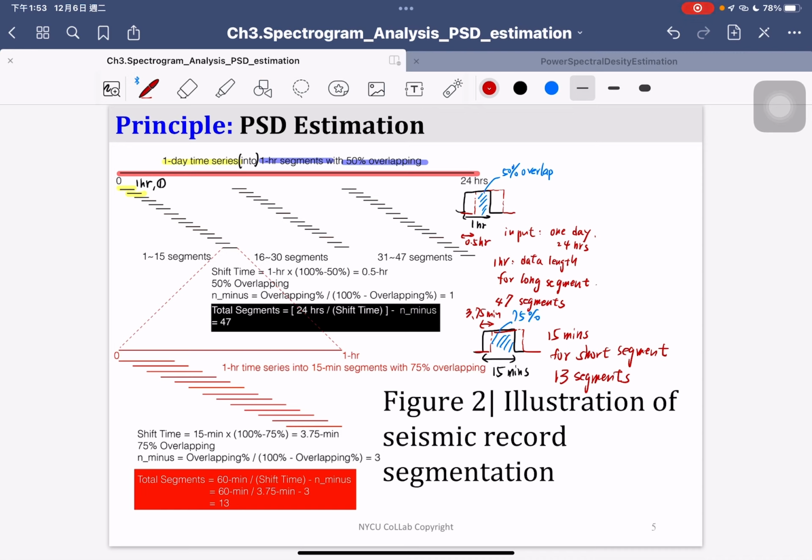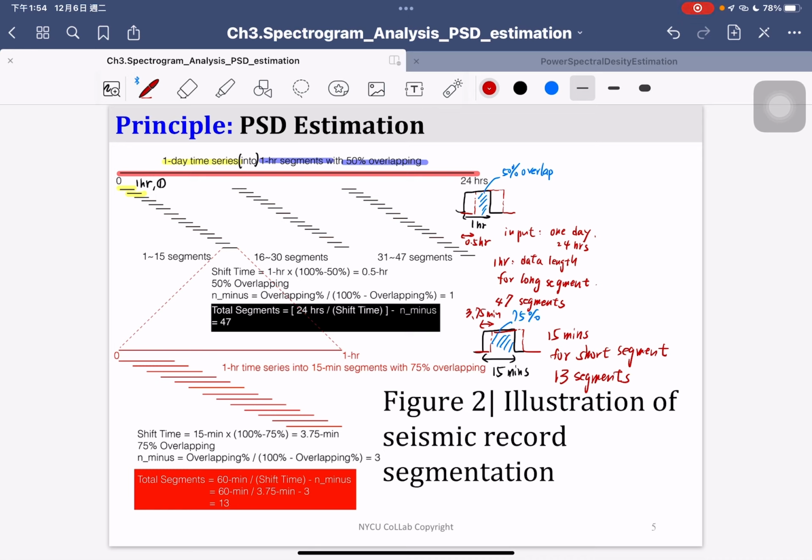Okay? And for 1 hour's data, I also cut into the smaller short time windows. And I decided to use the 15 minutes length for the short time windows. But right now, different compared to the previous one, I used the 75% overlapping.